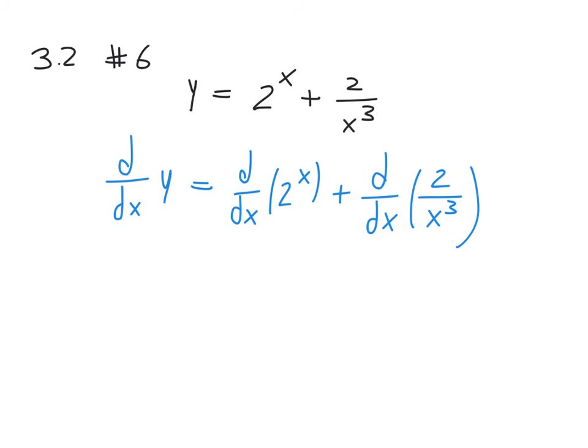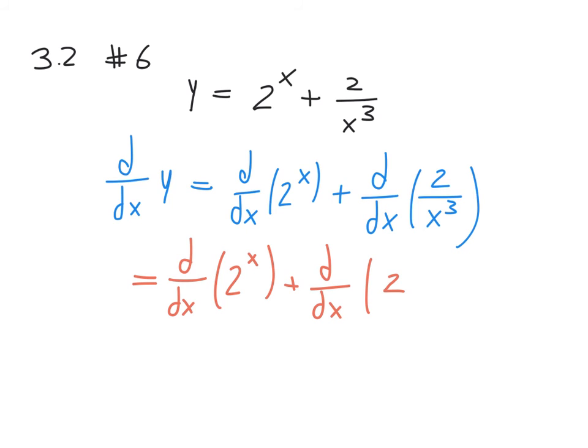Let's do the same thing we did before. Let's rewrite this in the appropriate form. So here we have 2 to the x, but in the second term we have 2 times x to the minus third, right? And now we just apply the power rule or the exponential rule. So in the first case, this would be ln of 2 times 2 to the x.